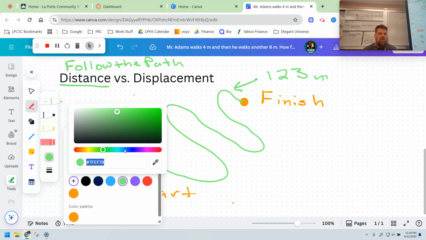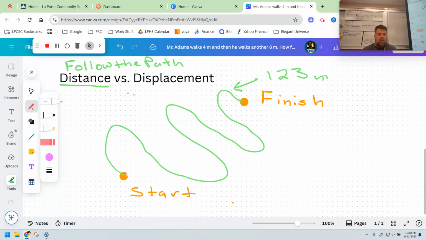And then the next thing that we're going to talk about is the displacement. The displacement is like a shortcut and it's always a straight line.